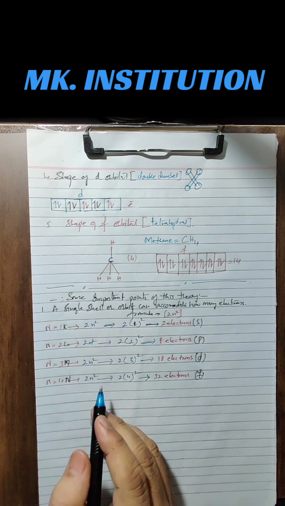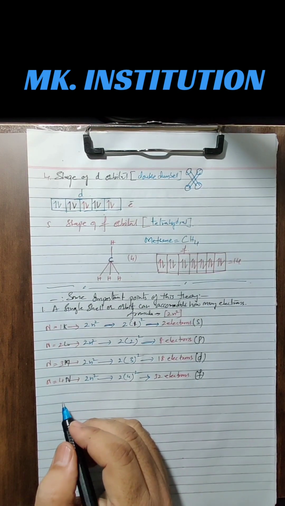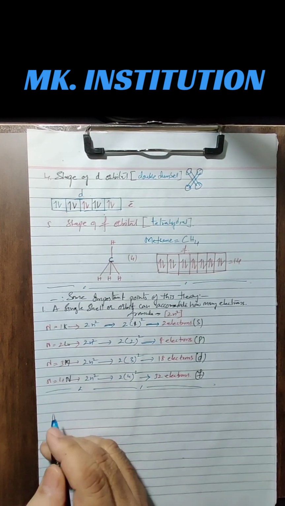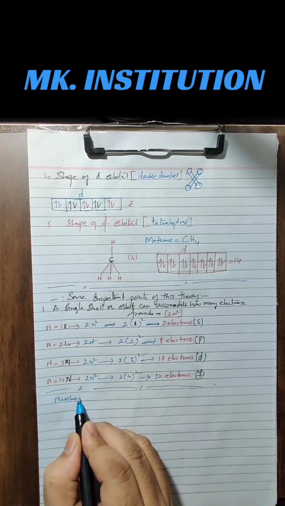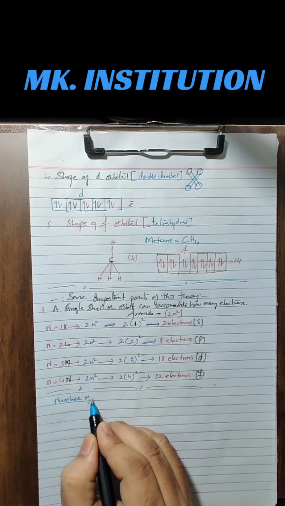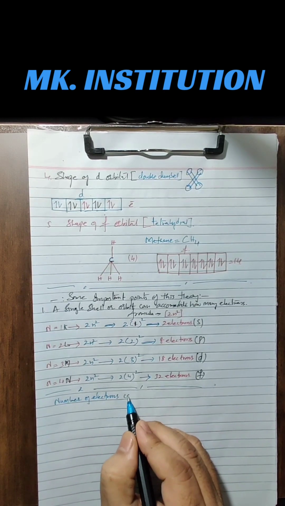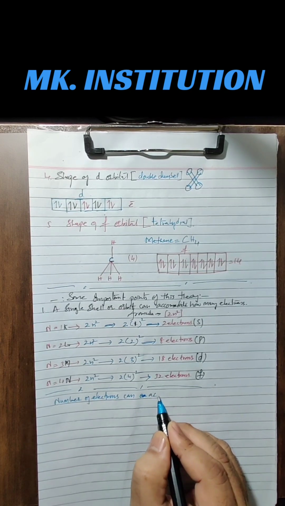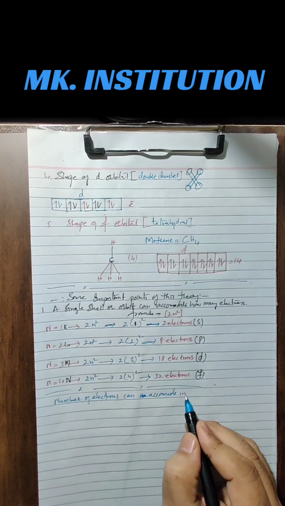Now the next one, the second point: the number of electrons that can be accommodated in a subshell.